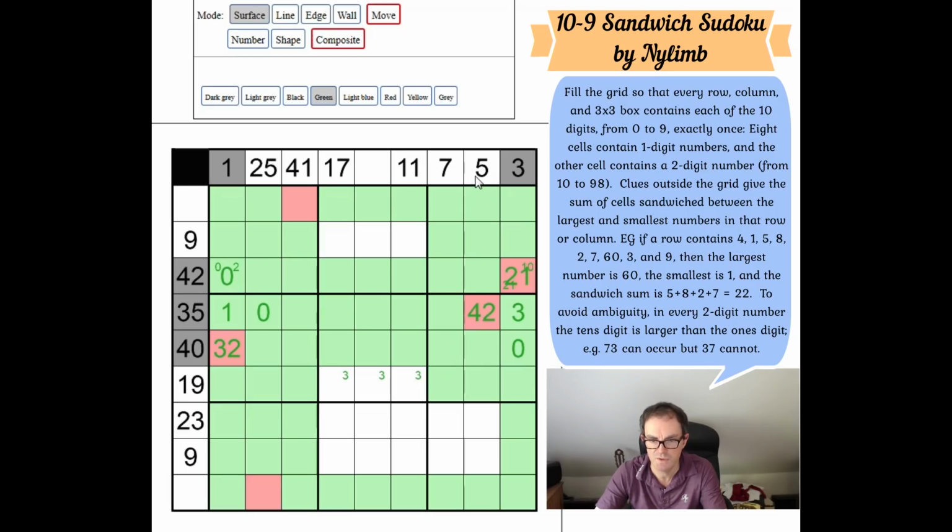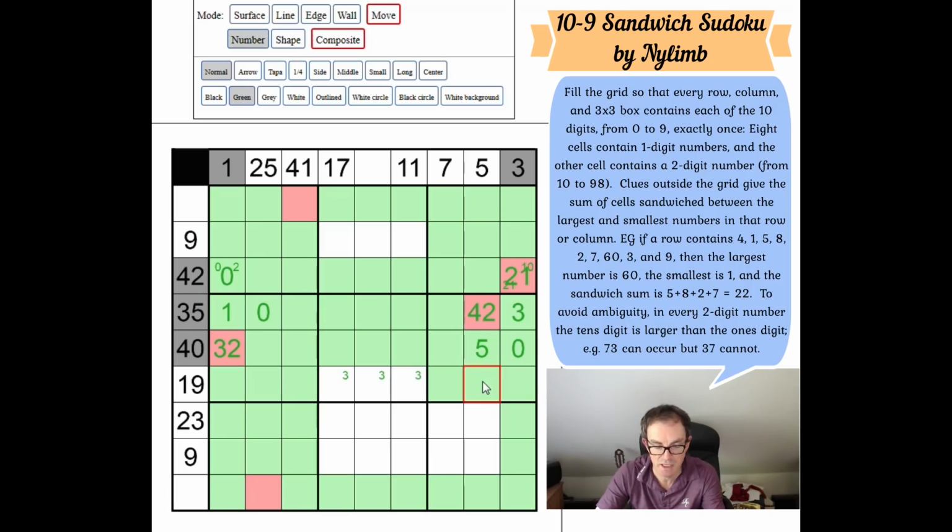So this has a 1-cell sandwich, and look at this again. If we try and go downwards, what digit has to be here in order for this to be the end of the sandwich? It's going to have to be a 0. Because if it's anything else, if we try a 1 there, then 0 would be the lowest number in this column, and the 0 would not be bounding the 5.